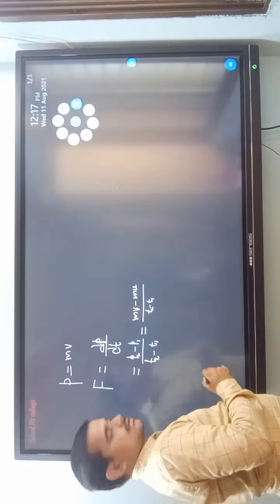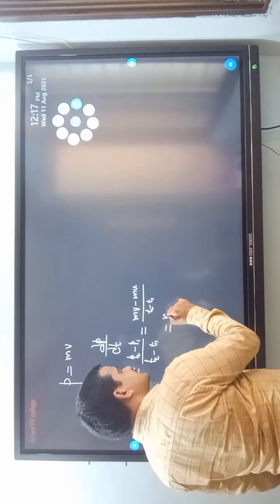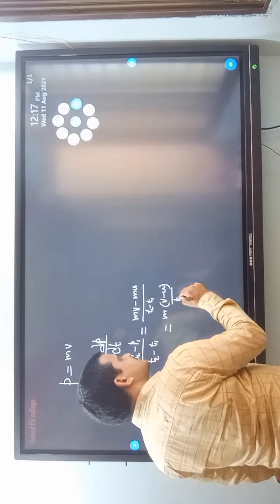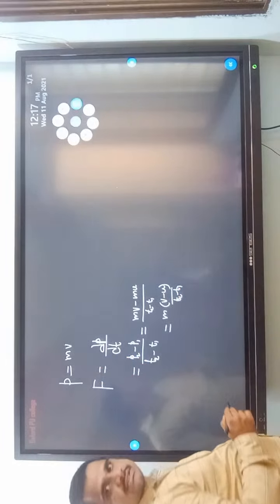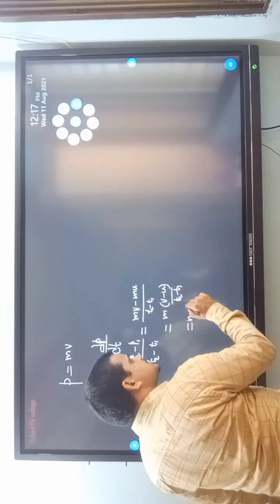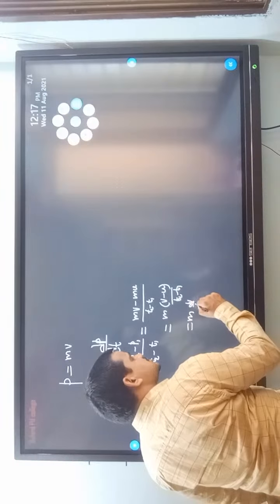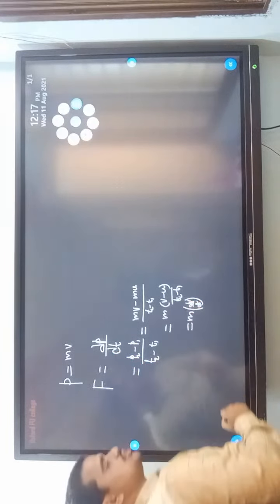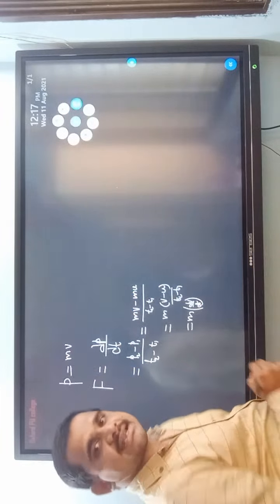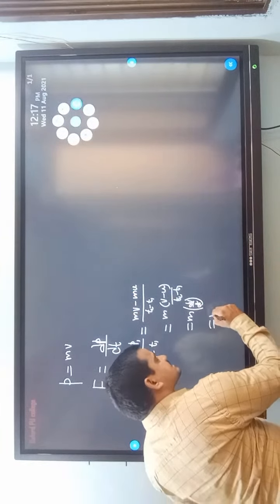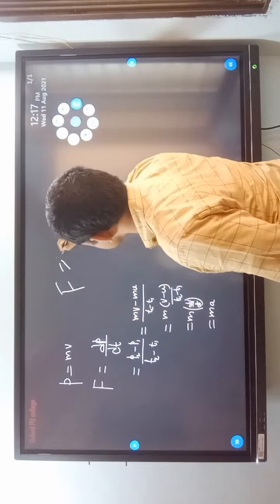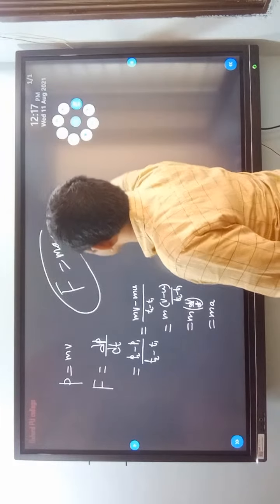Taking m common, we get m into v minus u by t2 minus t1. Change in velocity by time is the rate of change of velocity, which means acceleration. Therefore, force is nothing but ma.